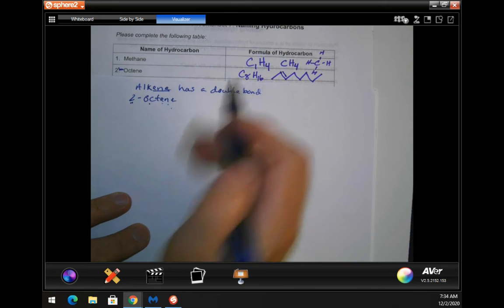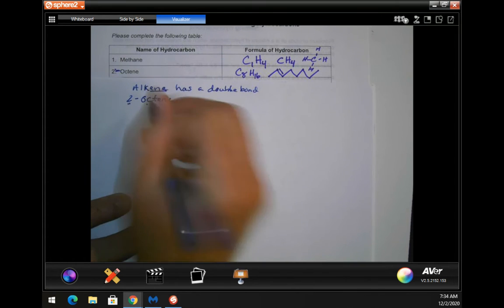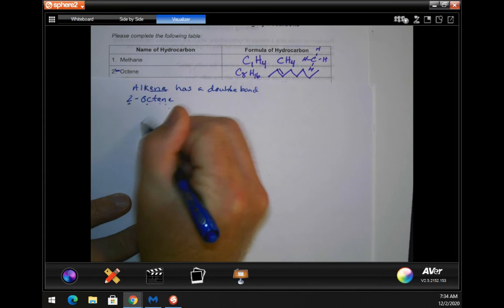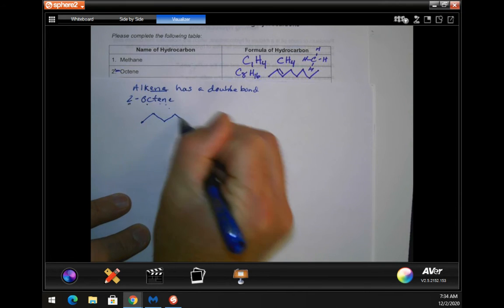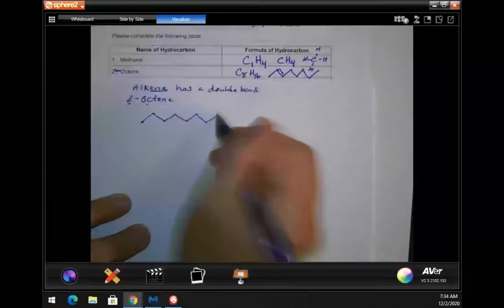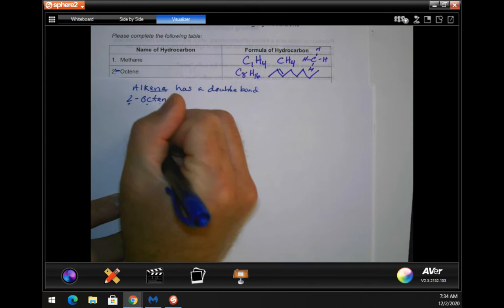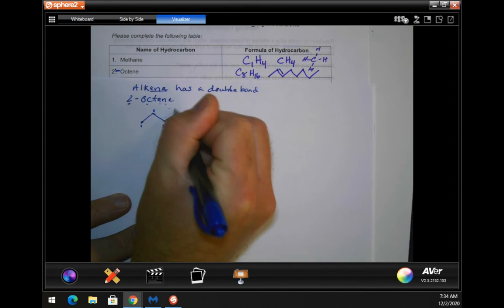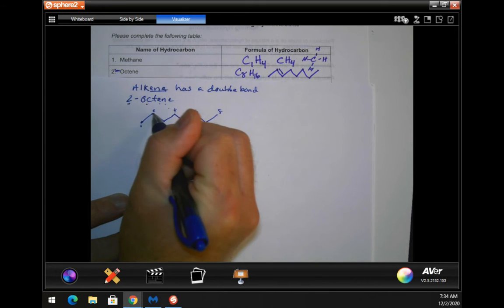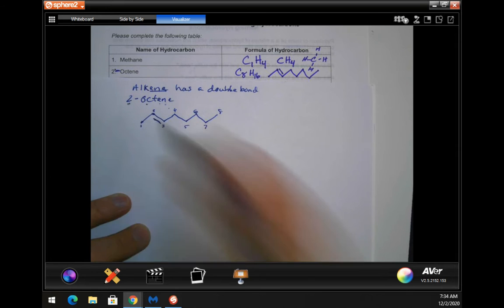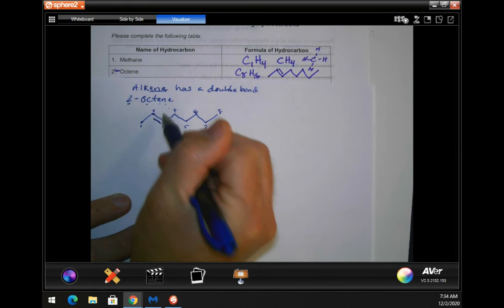So when you draw this out, you just do it always the same. 1, 2, 3, 4, 5, 6, 7, 8. And then just go ahead and number them. 1, 2, 3, 4, 5, 6, 7, 8. So on the second one, there's going to be a double bond. I don't care if it goes here or here.